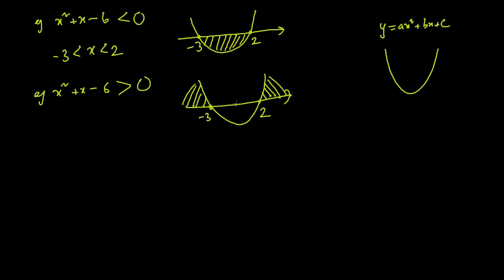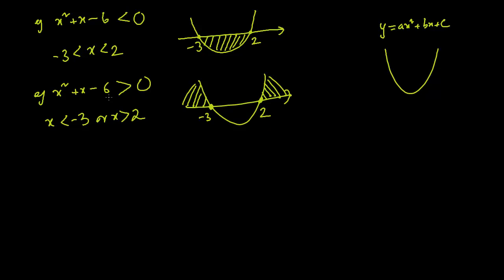In between there is nothing, so it has to be on the left hand side of minus 3, so we write x is less than minus 3, or it is on the right hand side of 2, we write x is greater than 2. So left hand side means less than, right hand side means greater than. That's what it means on the number line. So that's why it is important to write them together if it is less than, or separately if it is greater than. So you can use the parabola rule to find the inequality.